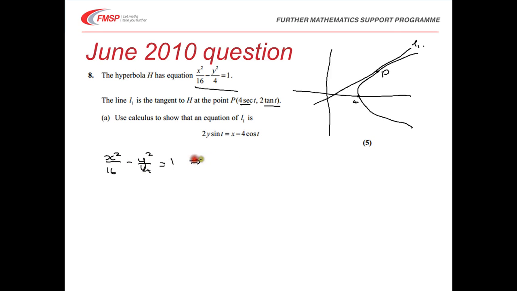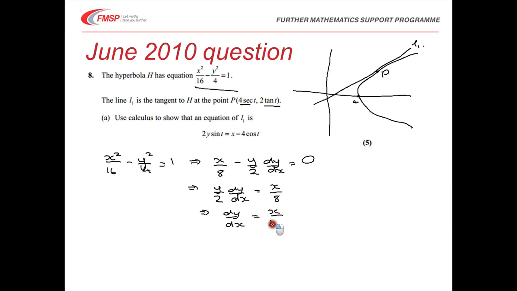So that will give me x over 8 minus y over 2 times dy by dx, because that's the chain rule and the implicit differentiation there, equals 0. So this gives me that y over 2 times dy by dx is equal to x over 8, which tells me that dy by dx is equal to x over 4y.